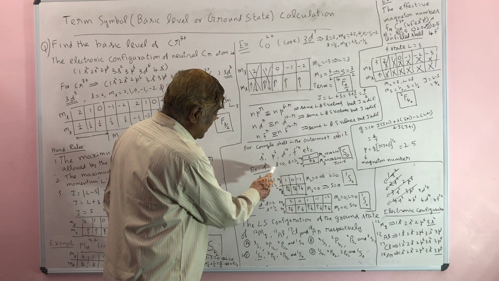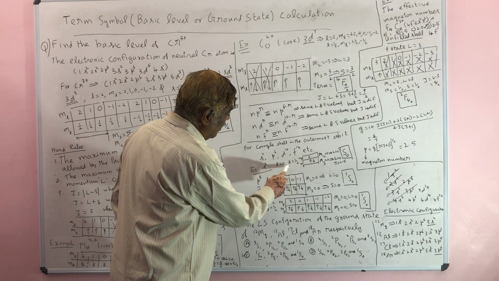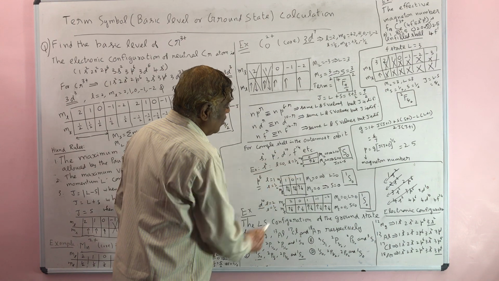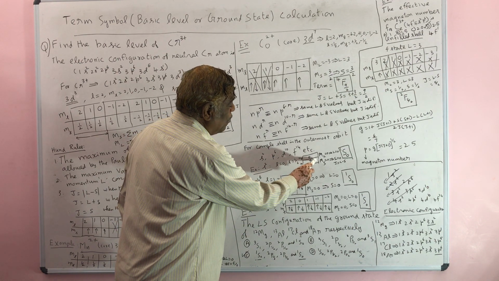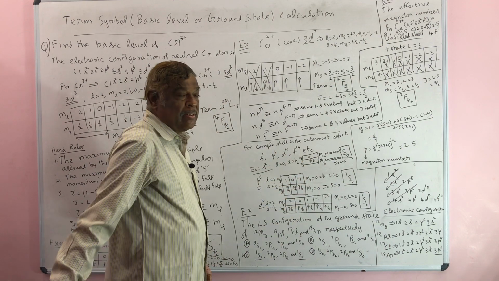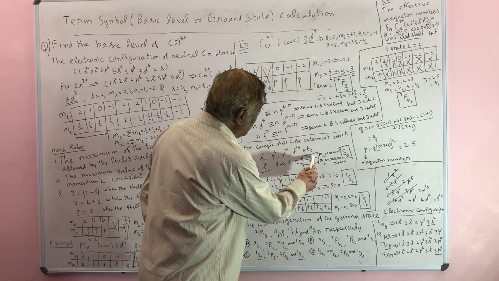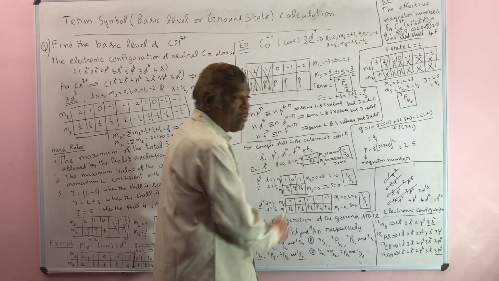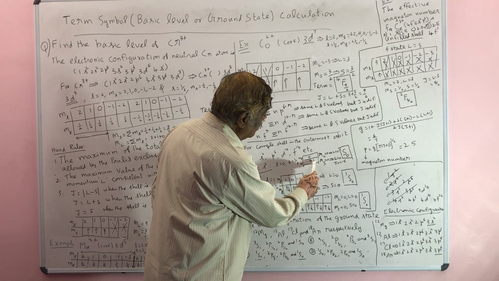Now in this case, what is L? L is equal to 0. What is S? Is equal to half. So Ml is equal to 0. So there are 2 electrons, one spin up, one spin down, corresponding to Ml equal to 0. So what is the total value of Ml? Ml is equal to 0. This corresponds to L equal to 0. Here Ms is equal to spin up plus spin down, half minus half.